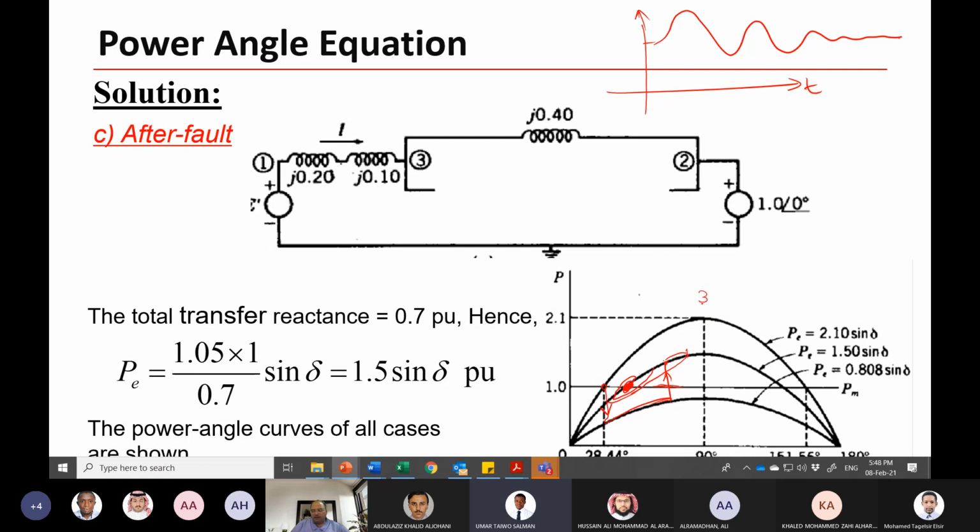Is there any circumstance under which the point can move and we have a new curve above the normal operating condition after the fault is restored?